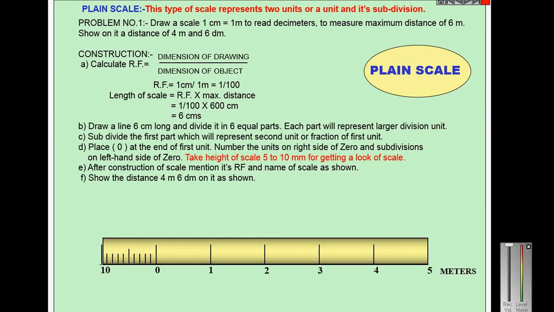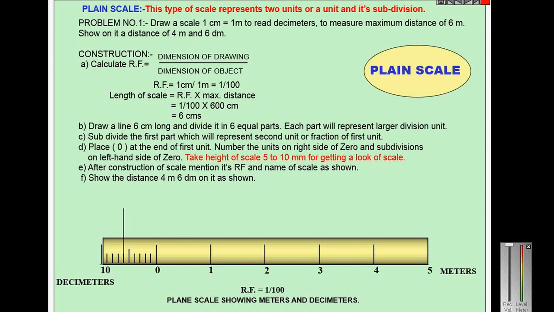Take the height of the scale 5 to 10 millimeter for getting a look of scale. You can see the meters and decimeters are marked on the scale, and the representative factor is mentioned below the scale. So RF is equal to 1 by 100, and this is a plane scale showing meters and decimeters.